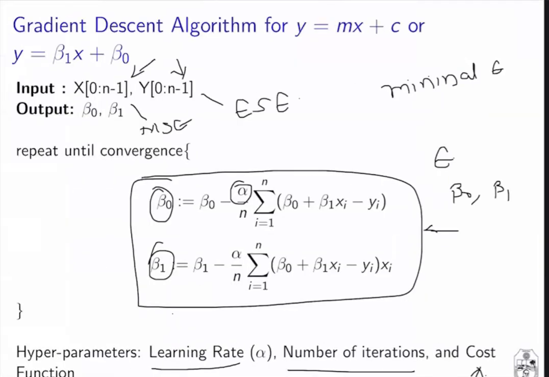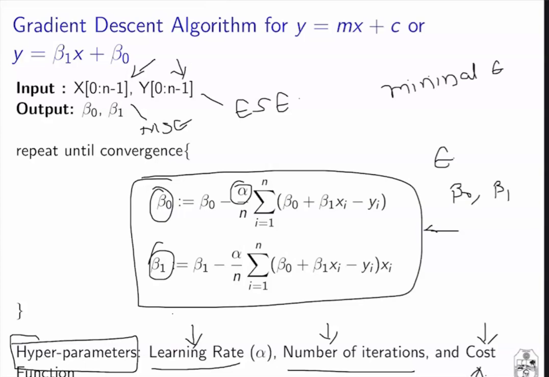So this is all about the gradient descent algorithm, and these parameters, that is the learning rate, number of iterations, and cost function, are general purpose. They are applicable to all other machine learning algorithms, and for this particular gradient descent algorithm, these are called the hyperparameters, because these parameters are deciding the working of our gradient descent algorithm.